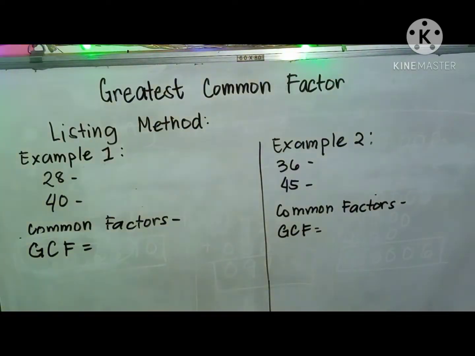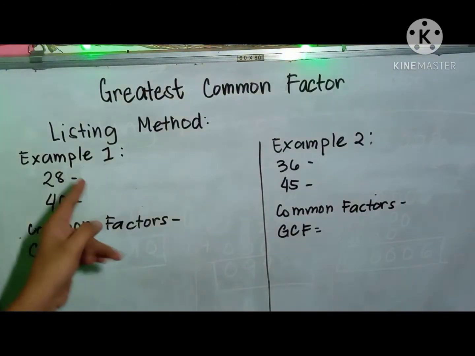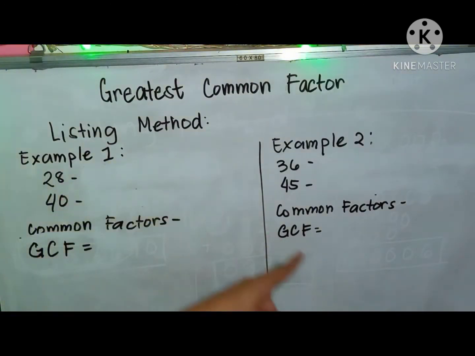Again, as I mentioned earlier, in getting the greatest common factor of two or more numbers, we can use the listing method or the prime factorization. In the given examples, we are going to use the first method, the listing method, for example 1 and example 2.